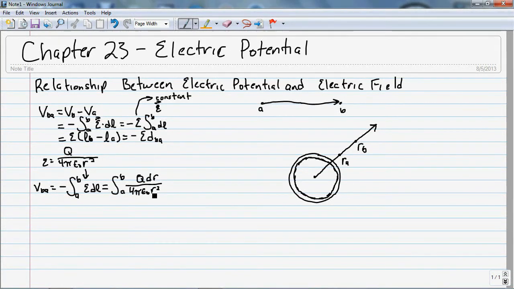And now I need to evaluate this integral. Well, I can bring out the constants. Q over 4 pi epsilon naught, integral, oh, I need the negative sign there, sorry. And I forgot the negative sign here. So that's from A to B of dr over r squared.